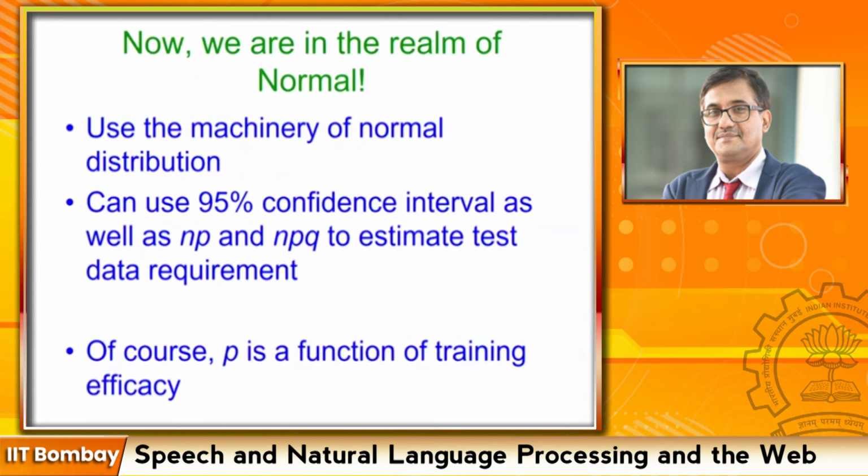And the moment you are in the realm of normal distribution, you have a huge machinery of theorems, lemmas, etc., by which you can make a statement with confidence. Typically, the confidence interval is 95%. That means you have the possibility of error of 5% only. So all these instruments can be used, and I can claim with 95% confidence that my part of speech tagger has an accuracy of, let's say, 80%, 85%, and so on.